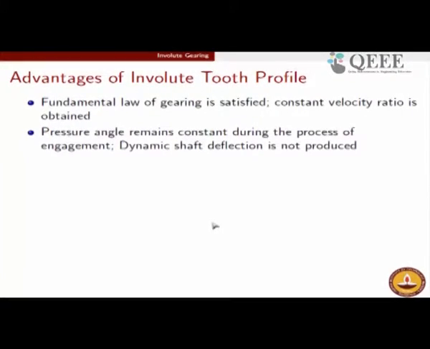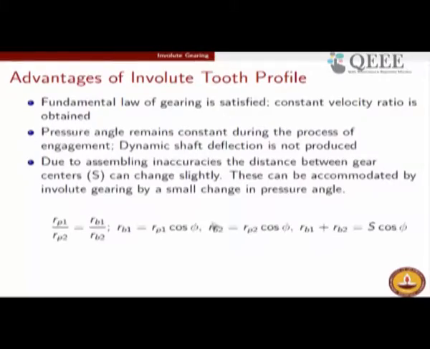Therefore, you will not get a smooth operation of such a gearing arrangement. That's one reason why involute gears are supposed to have a smoother action in comparison with any other conjugate tooth profile also.